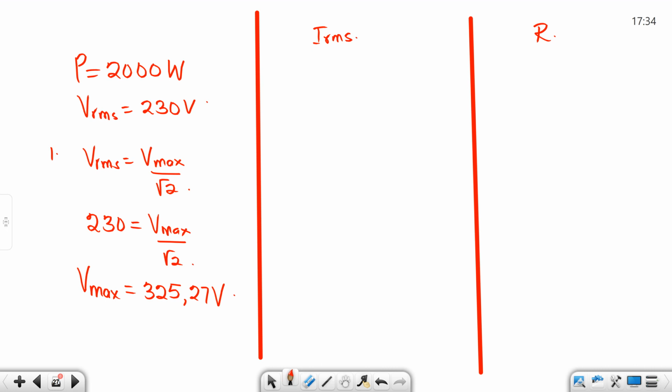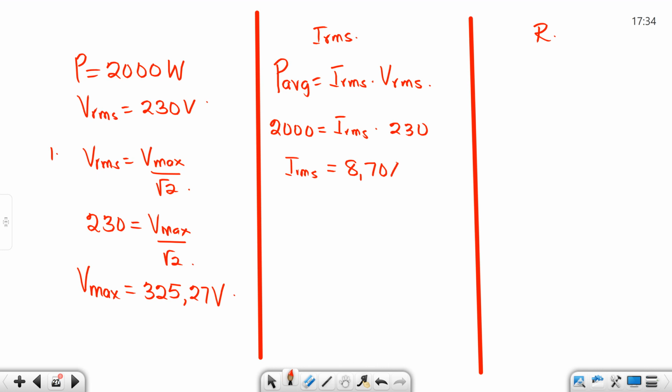P average equals IRMS multiplied by VRMS. What's my power average? Beautiful. Do I know IRMS? No. Do I know VRMS? 230. So can we get IRMS? 8,70 amps. Another 3 marks in the bag. Make sense? Just play around with your formula page.